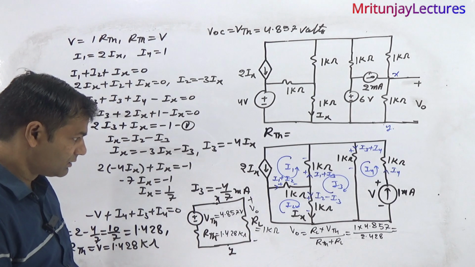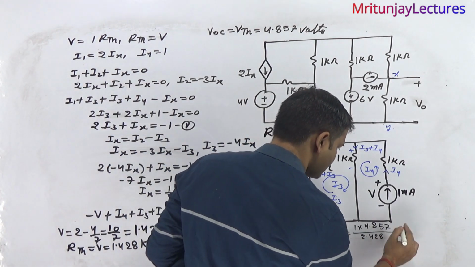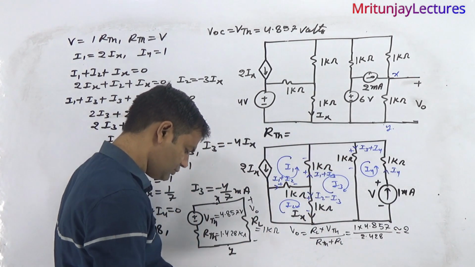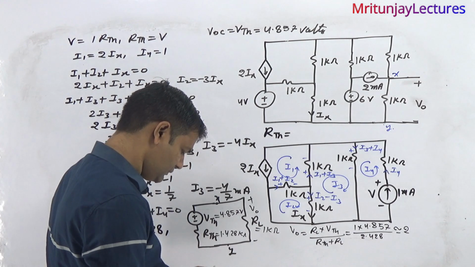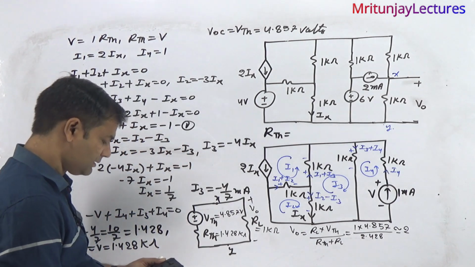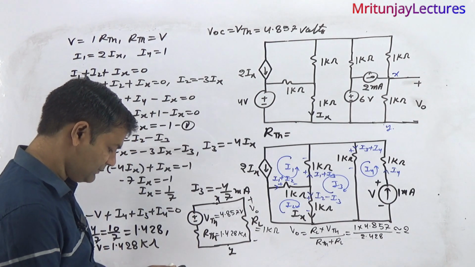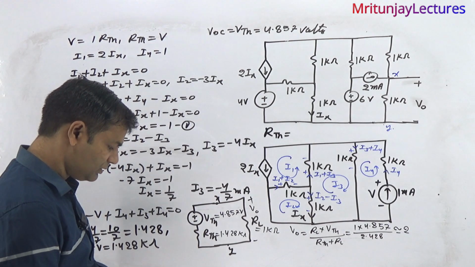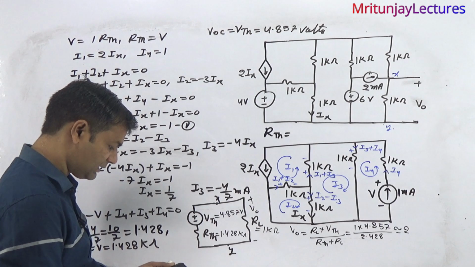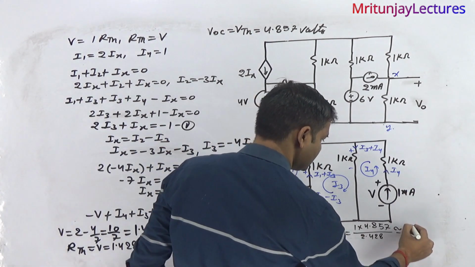Closer to 2, you can say that is 2 volt. If you find more closely, 4.857 whole divided by 2.428, then we get 2.00, closer to 2. Final answer.